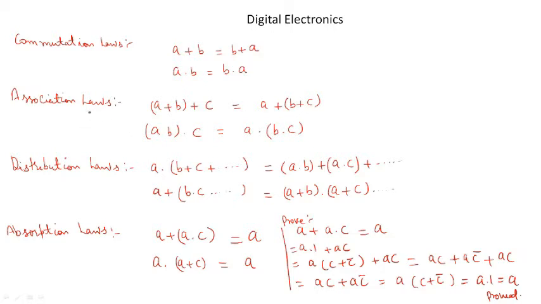Next are the associative laws. These are used for OR and AND functions as A plus B in brackets plus C is equal to A plus B plus C in brackets. Here A plus B are combined, and after the OR operation we will find an output.